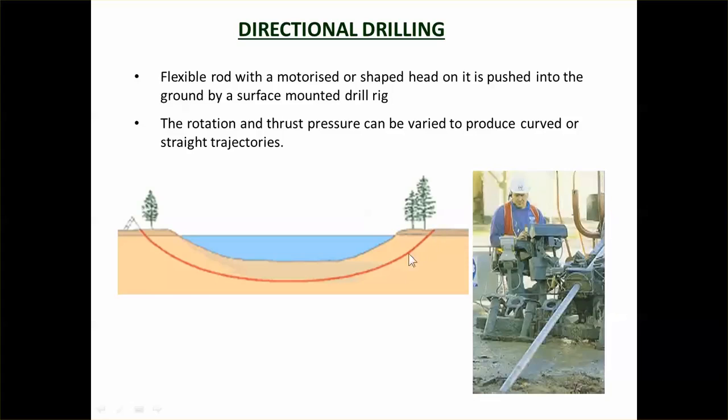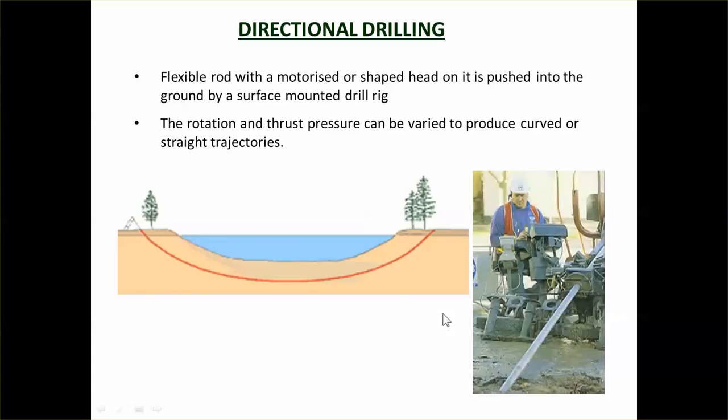You pull it back reaming all the time. You may well be pulling the pipe in behind it as well. It all depends on the power of the machine you've got. Some machines, they have to back ream and then go back, pick up the pipe and pull it through, because they don't have enough power to back ream and pull the pipe at the same time.